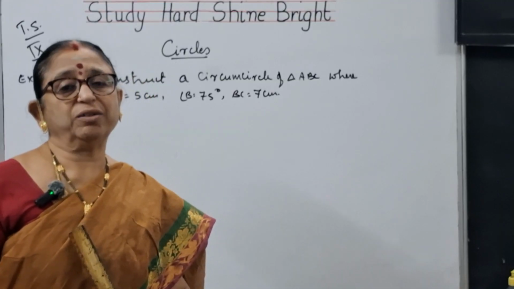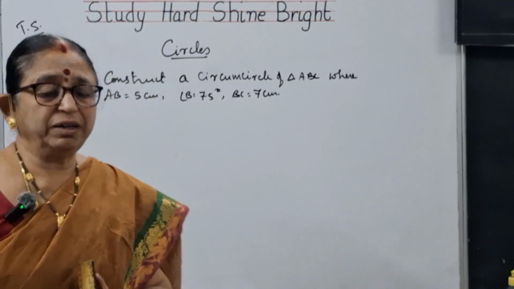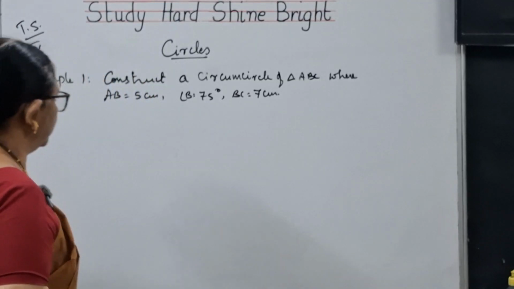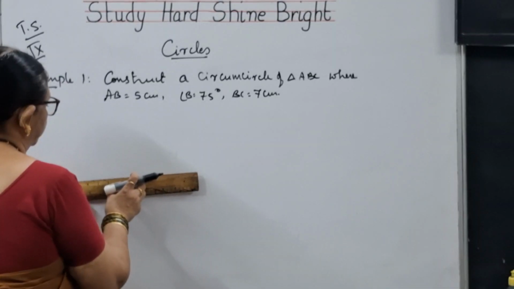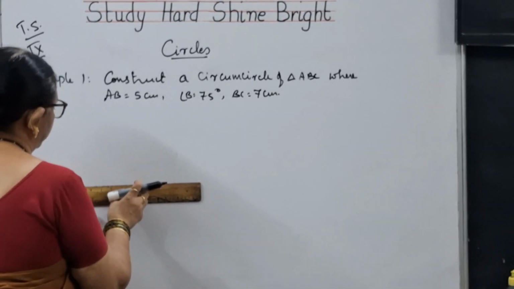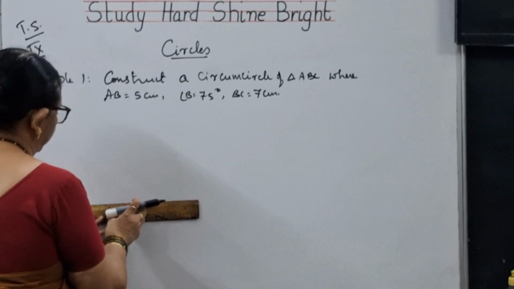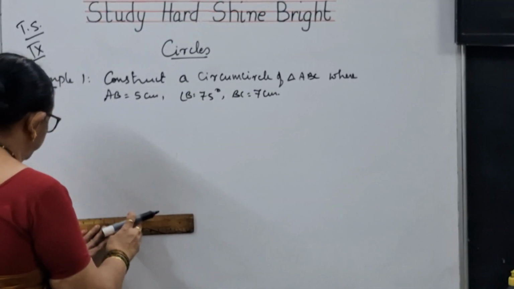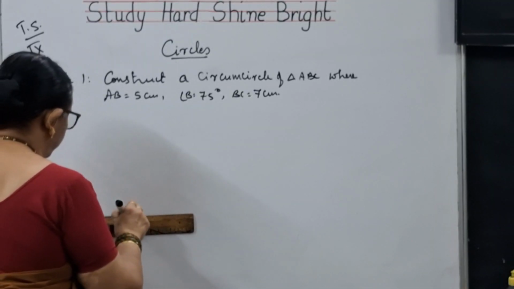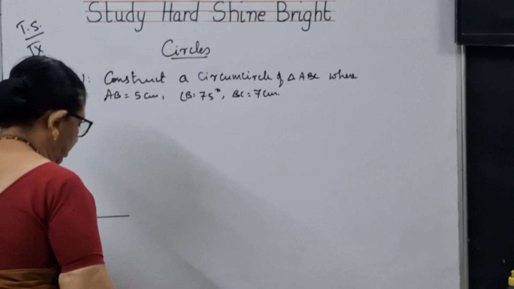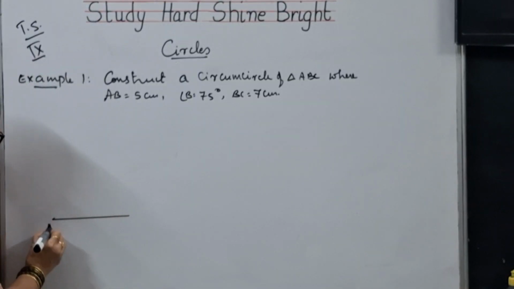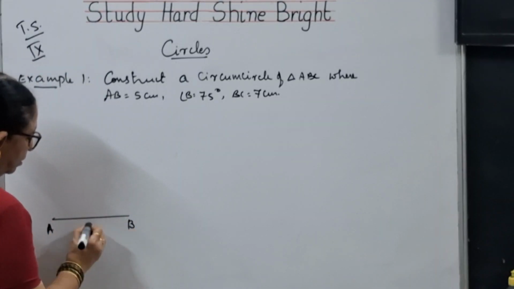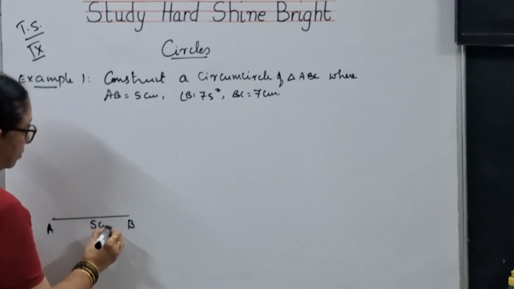Okay, how it has to be done, step by step I'll teach. Let us see. First, what you have to do: AB. First the base AB, AB is 5 centimeters, they said. So let me draw AB. This is 5 centimeters, suppose. A and B with 5 centimeters.